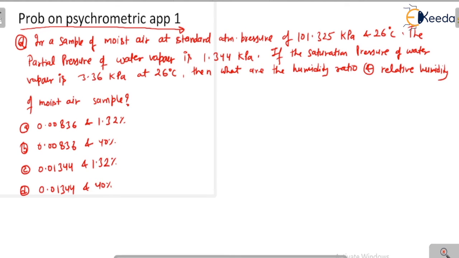Now again we have to read our question and then go for the solution. Here in this question, in a sample of moist air at standard atmospheric pressure 101.325 kilopascal and 26 degrees centigrade, the partial pressure of water vapor is 1.344 kilopascal.